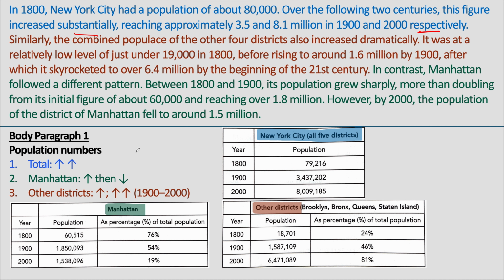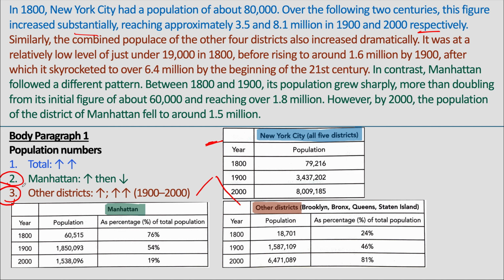During the understanding and planning of the question, we talked about how the first table is different from the other 2. This is New York City as a whole, and these 2 are the districts of New York City. So once we have mentioned this, we can either write about Manhattan or about the other districts.